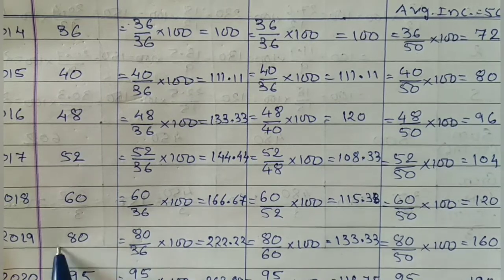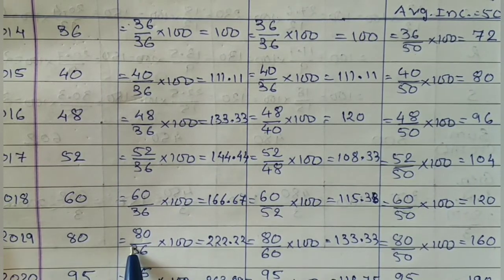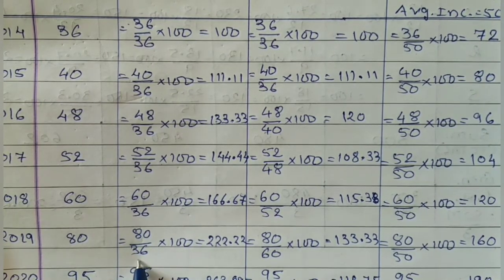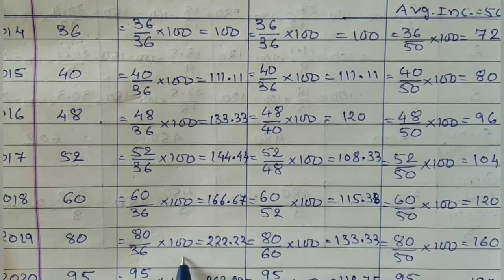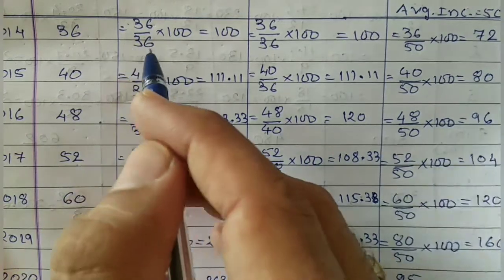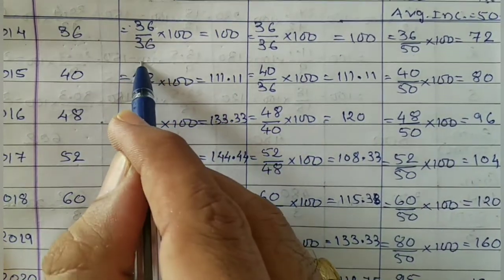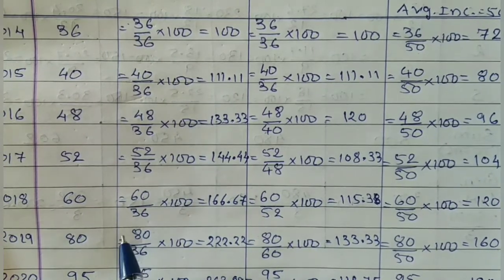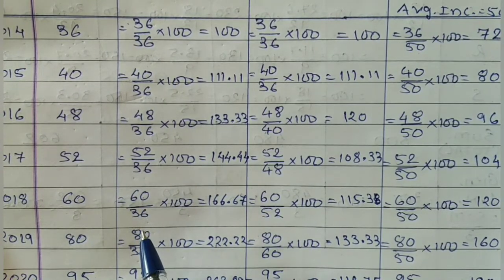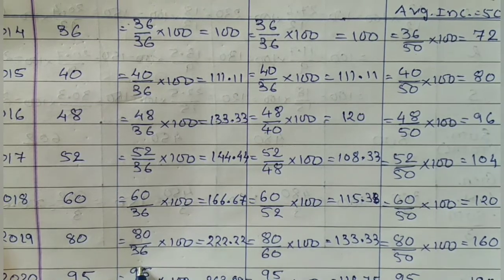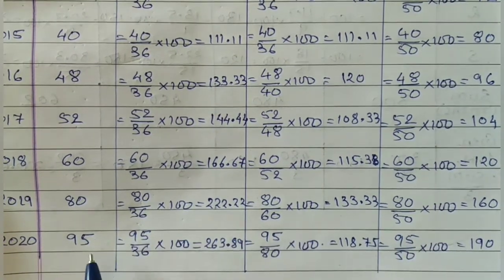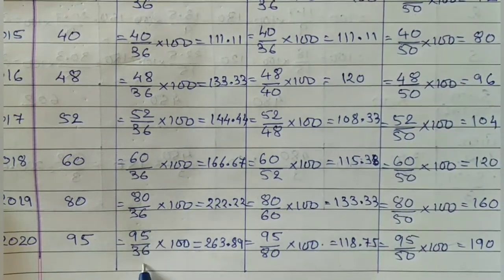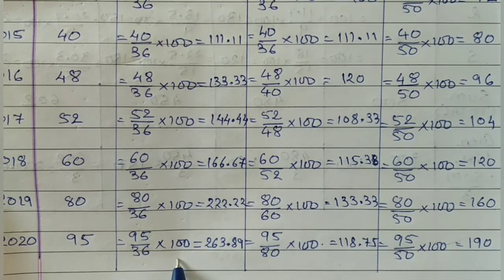Here 80 is the price of current year 2019, and the base year is 2014. See, in this question the base is fixed: 36, 36, 36, 36, 36. That's why it is called fixed base index number. And the last one would be 95 upon 36 into 100.